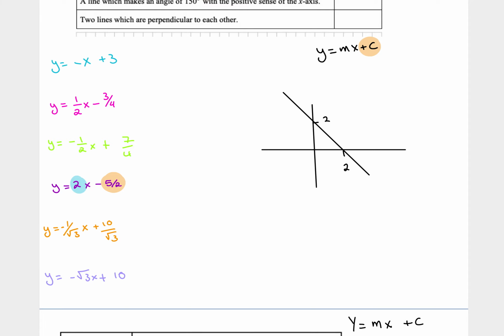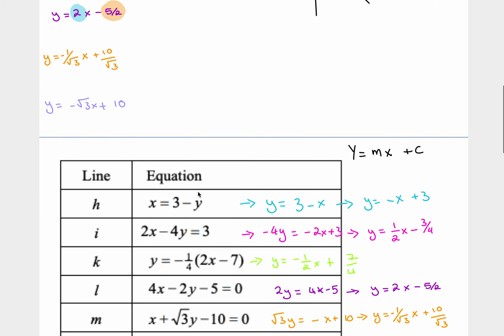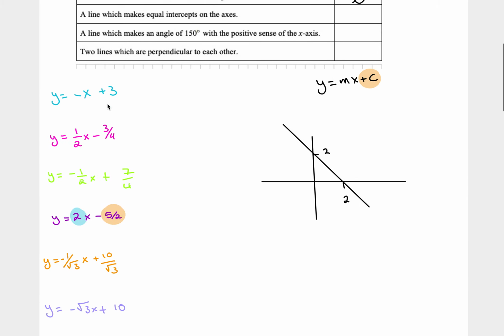If we're looking at that, let's go down and have a look at our equations here. If I'm intersecting the x-axis, we are neither up nor down on the axis, so I know that at the x-axis intercept y is equal to 0.